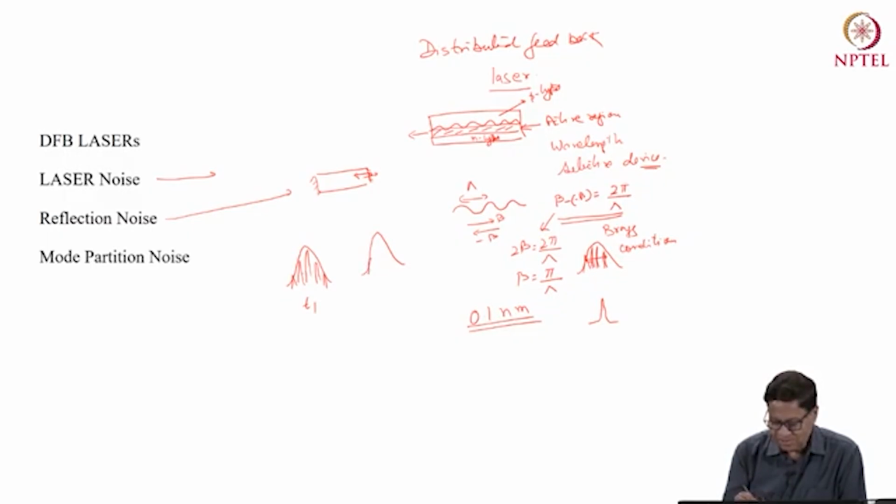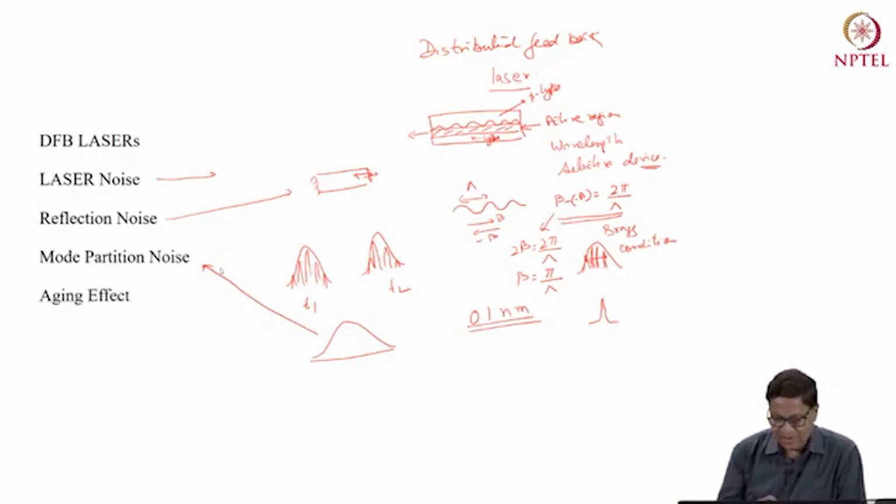So it will become something like this, or something like this. This is at t2. But if you take the average at different times, you get almost a steady power as far as the envelope is concerned. But within the device, this power is continuously changing for all these modes. So because of this, some sort of noise is generated in the laser diode, which is called the mode partition noise.